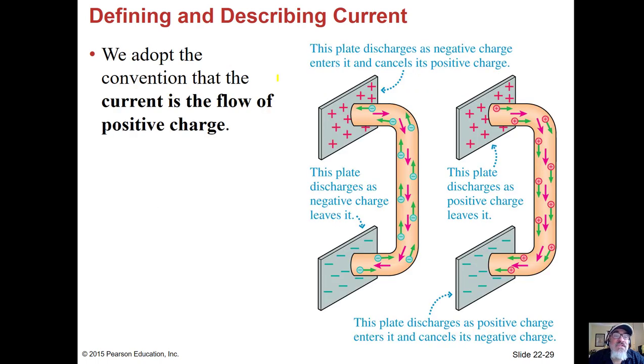This is something called conventional current. Current is the flow of positive charge. You can call it imaginary if you want to, because this is really not what's going on. But conventional current, people think of it as positive charge moving in the same direction as an electric field, from a higher potential to a lower potential. In reality, that's not what happens, but we can think about it like that without losing anything.